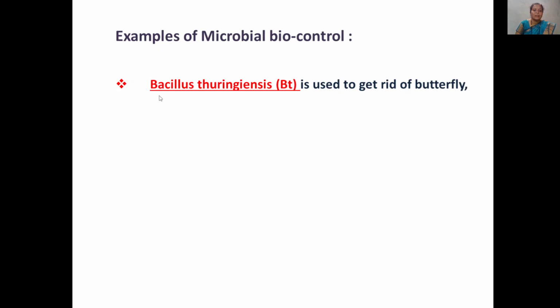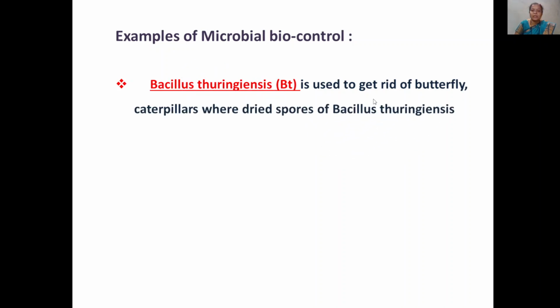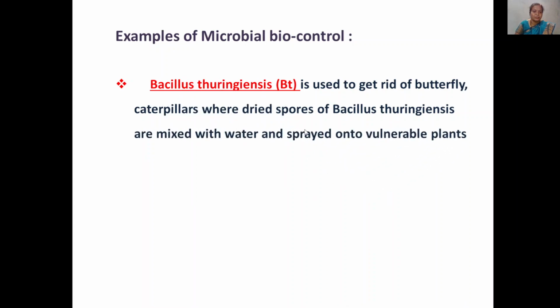That is Bacillus thuringiensis, that is BT, used to get rid of butterfly caterpillars, where dried spores of Bacillus thuringiensis are mixed with water and sprayed onto vulnerable plants such as brassicas and fruit trees.